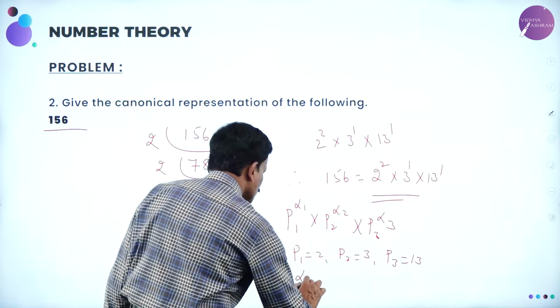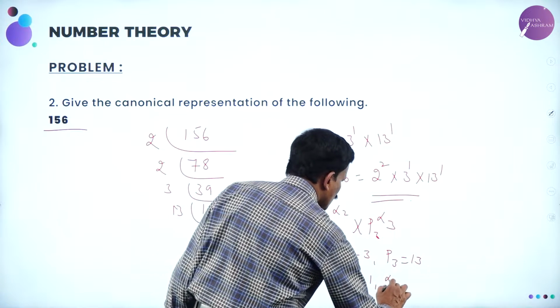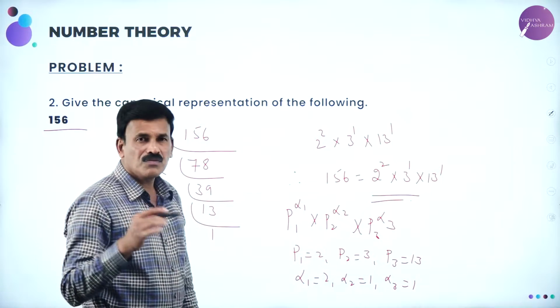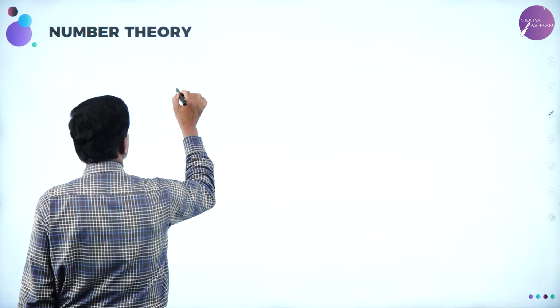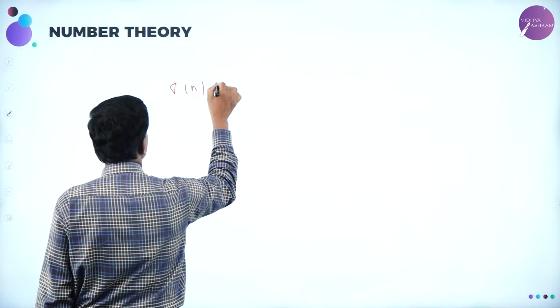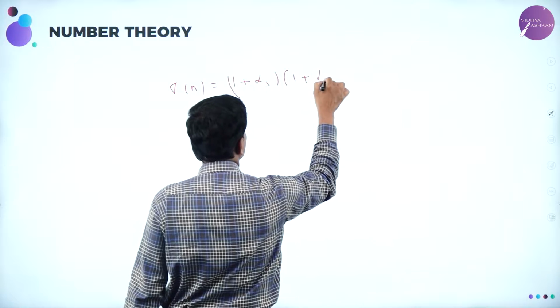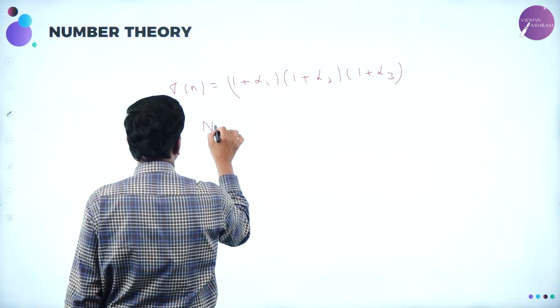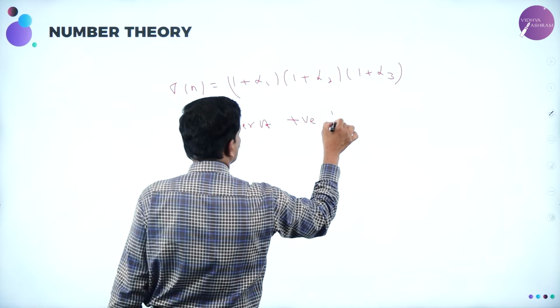Alpha 1 is equal to 2, alpha 2 is equal to 1 and alpha 3 is equal to 1. To find the number of positive divisors, T of n is equal to 1 plus alpha 1 into 1 plus alpha 2 into 1 plus alpha 3. That is the number of positive divisors.